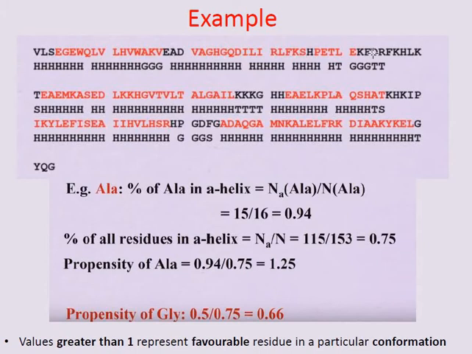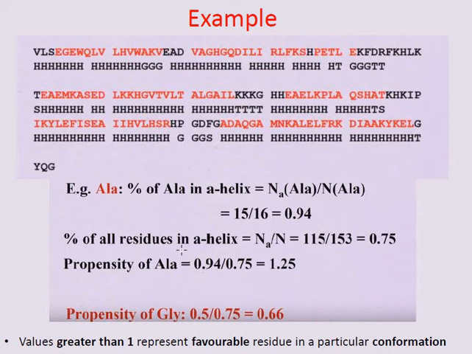In the red colored residues there are a total of 15 alanine residues, and throughout the whole sequence there are 16 alanines overall. Using a simple equation, 15 divided by 16 gives 0.94.